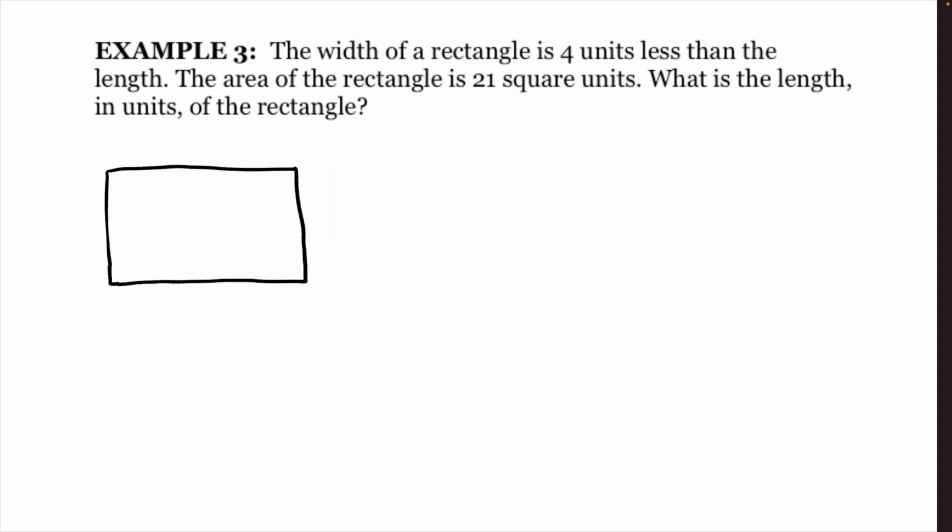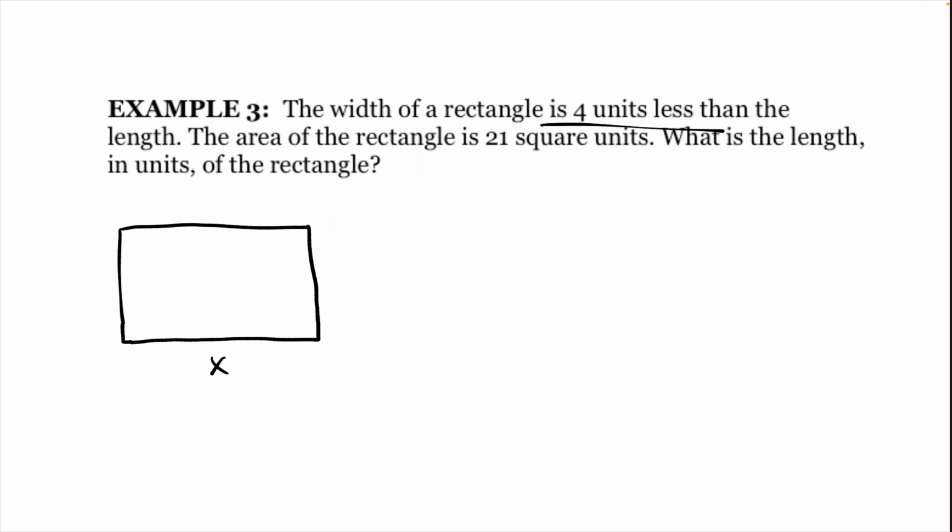An x or a y or a letter, right? So if we call this x, what is the width going to be? X minus 4, right? Isn't that what this means right here? Less, x minus 4. And the other side is x, and the other side is x minus 4, because it's a rectangle.